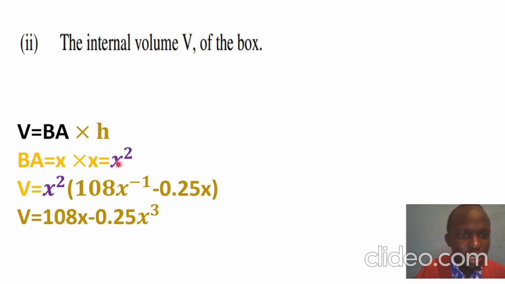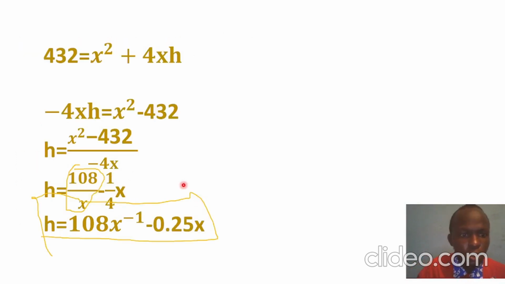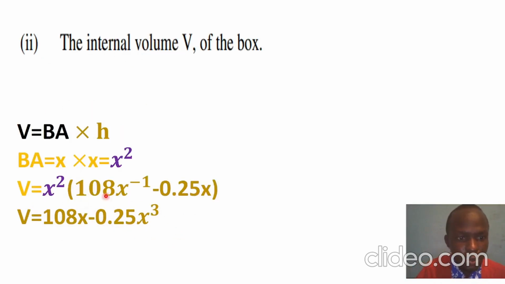We have to substitute the value of h, which contains x's only. We already found the value of h in terms of x, so we are going to replace it. It is very important. After replacing it, open the bracket, multiply by x squared, and it boils down to 108x minus 0.25x cubed. So that is the expression of volume in terms of x.